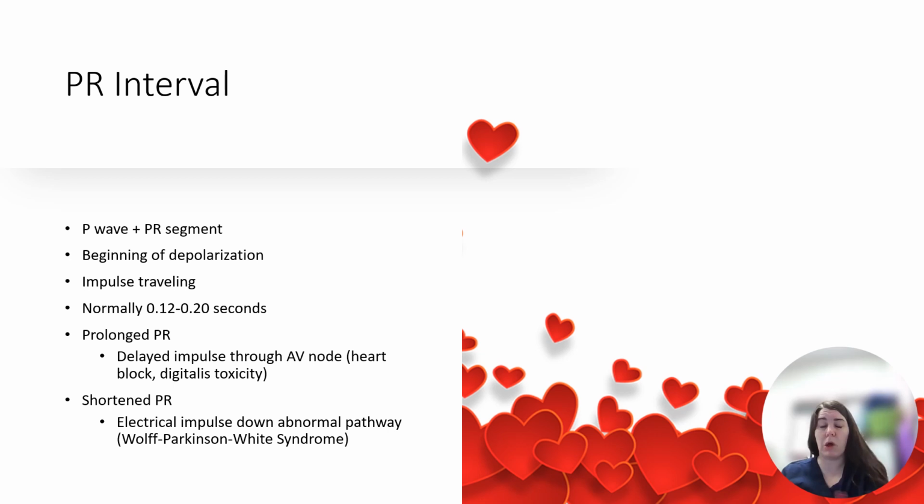If there's a prolonged PR interval, there's a delay in impulse through the AV node, which can indicate a heart block or dig toxicity, possibly. And if there's a shortened PR interval, the electrical impulse is going down an abnormal pathway, something like you would see in Wolff-Parkinson-White syndrome.